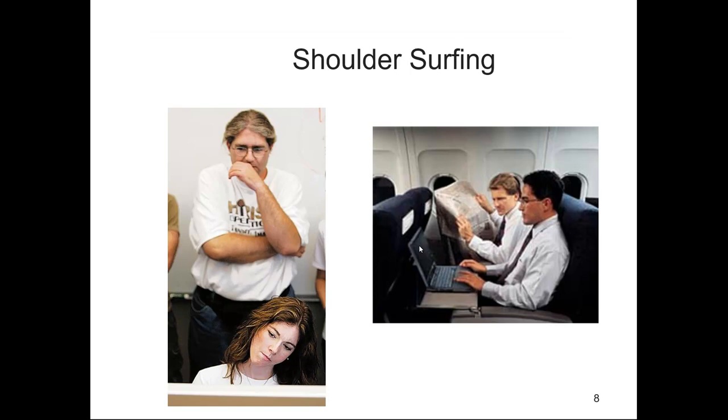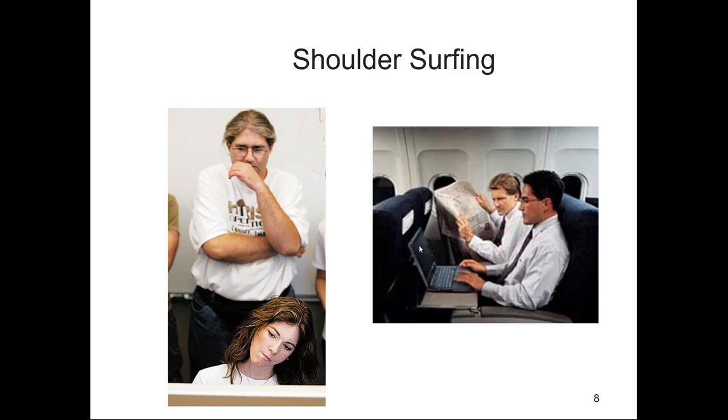Shoulder surfing occurs when the attacker watches another person's computer screen over the person's shoulder. Particularly dangerous in public areas such as airports. You are in the airport and somebody's sitting behind you and they can see your computer and they can see the information on your computer. Maybe they can see your username or when you type your password.